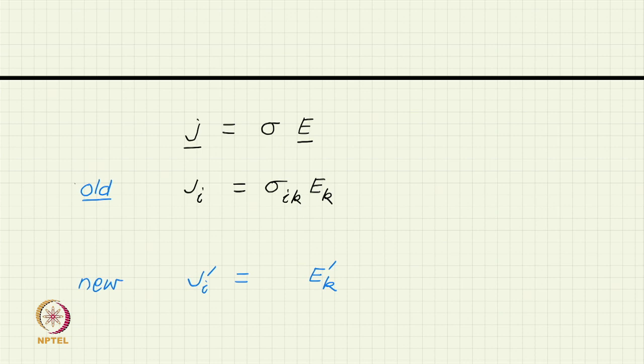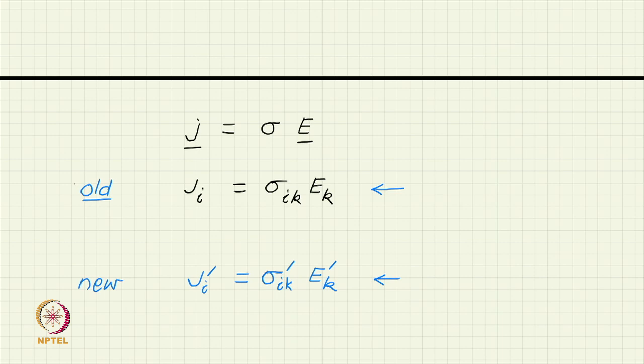Now, if the component sigma I k of the electric conductivity was working for the old coordinate system, that same component cannot work for the new one, because the components of the current density and the components of the electric field have changed. So, that means sigma I k will also change to some different value, represented here as sigma I k prime.